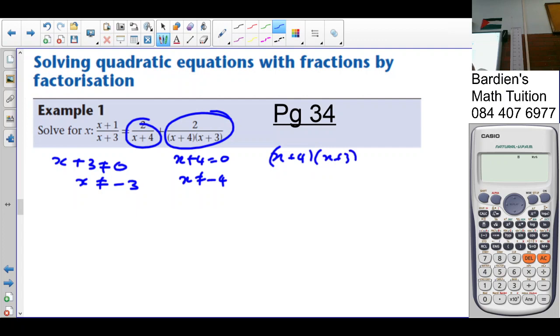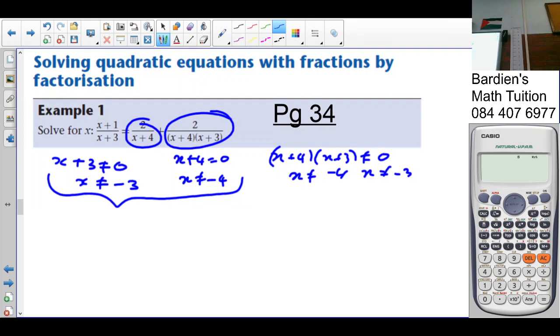We know that the denominator can never be equal to 0. So x can never be equal to minus 4 and x can never be equal to minus 3, which is already represented. And this, people, the values for which x can never be equal, is called a restriction. It's the restriction on x.